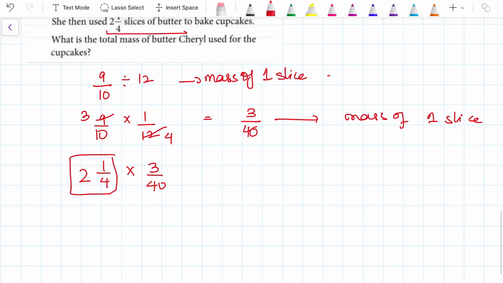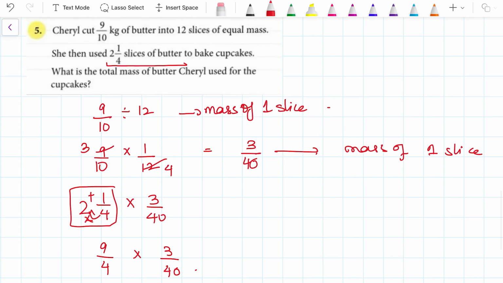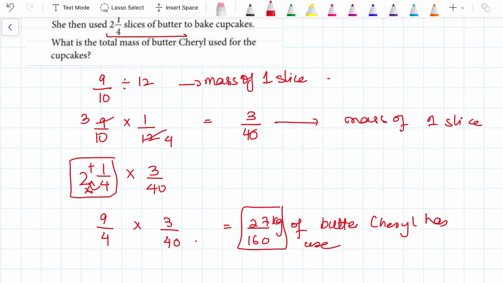Convert this into an improper fraction: 8 plus 1 is 9/4. It cannot be simplified any further, so we can just multiply: 27/160. So this is the kg of butter Cheryl has used for the cupcakes.